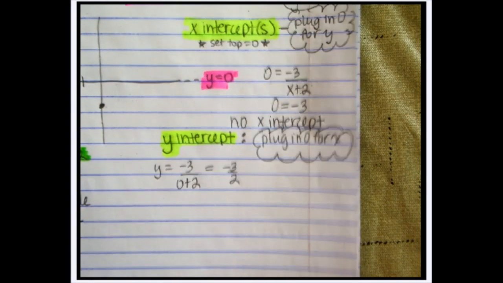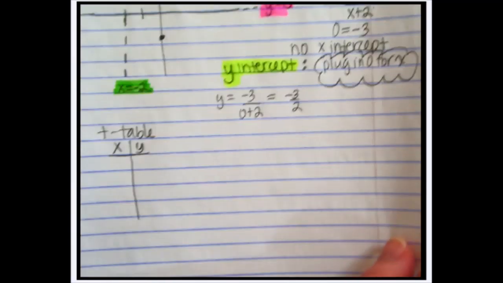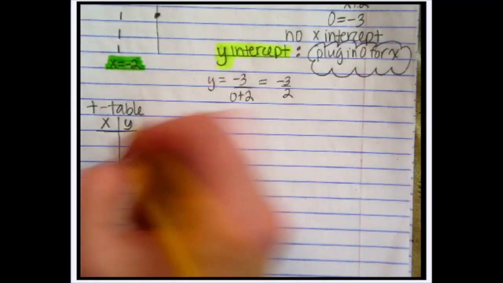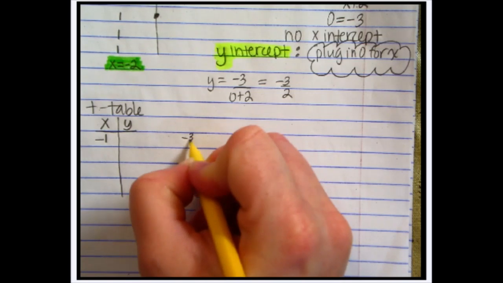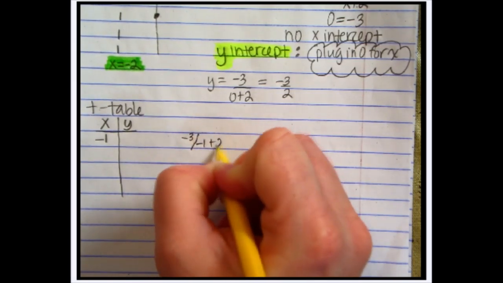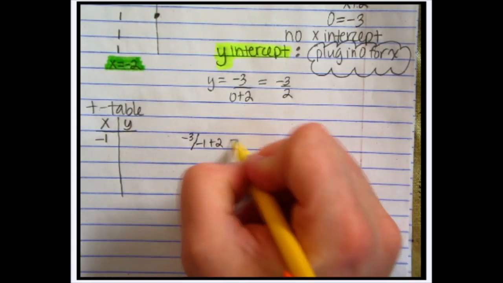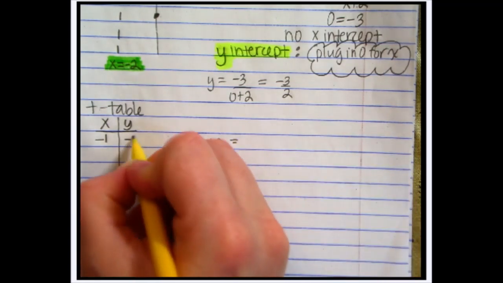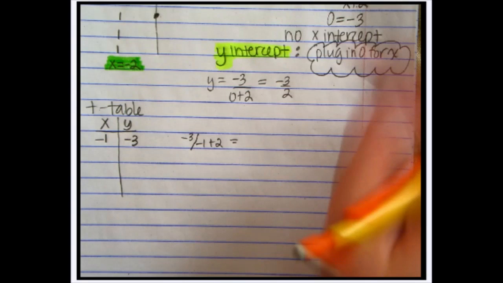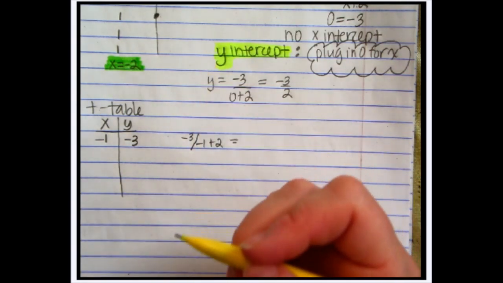We already know what 0 is. Let's go ahead and find -1. So if we plug in -1, we get -3 over -1 plus 2, which -3 over 1 is just -3.